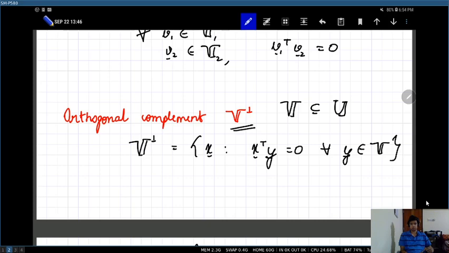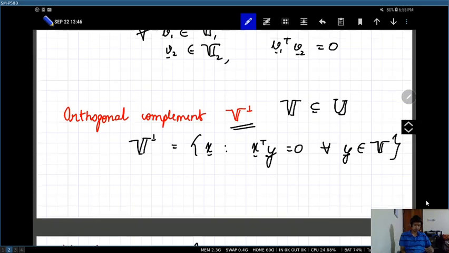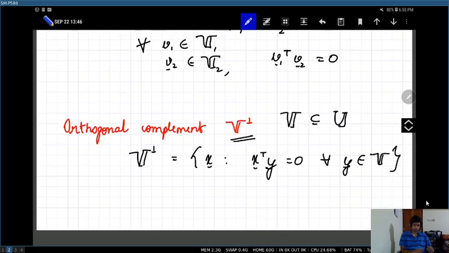And how do you prove this? To prove this, you need to go back to the definition of a subspace. How do you check whether V perp is a subspace of U or not?